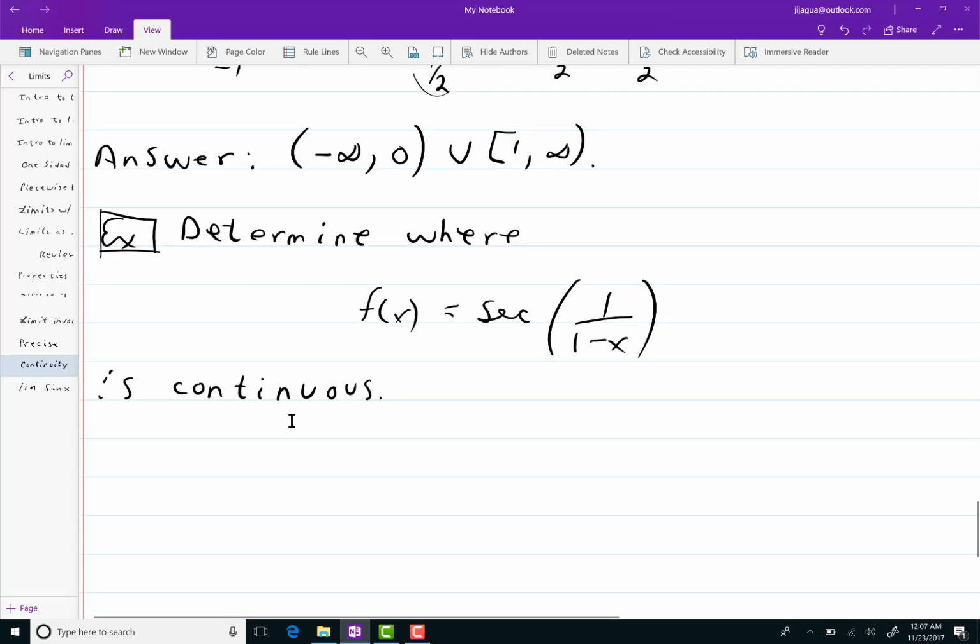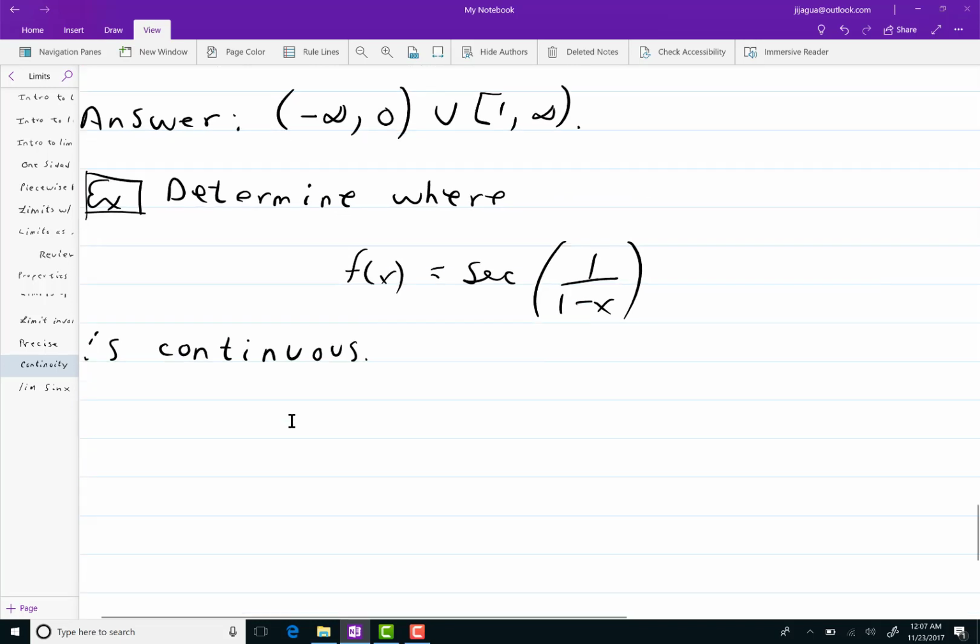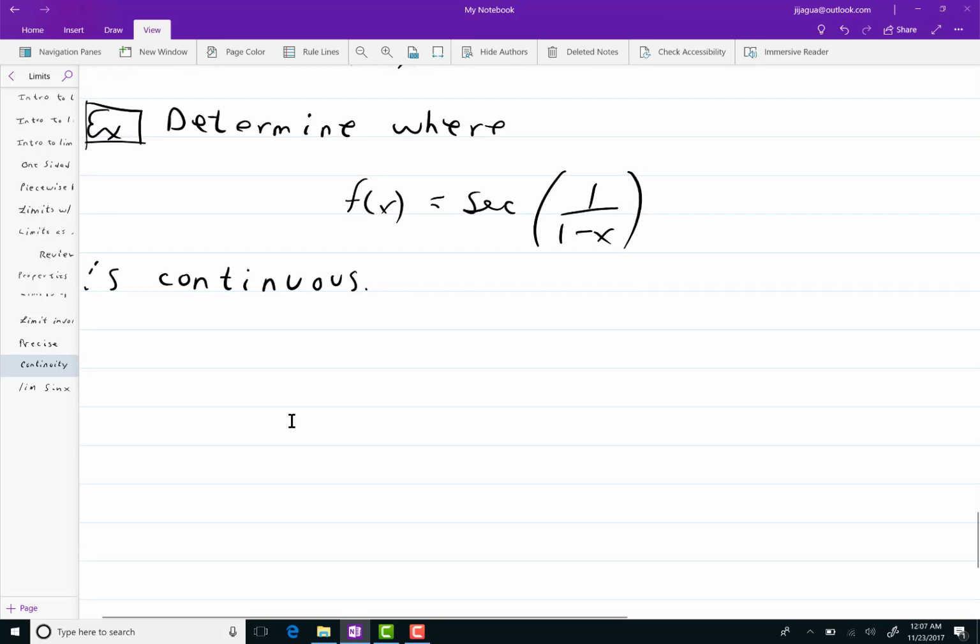In situations like that, writing the interval would be extremely messy in some cases. Instead, we notice that secant of x is continuous wherever it's defined.